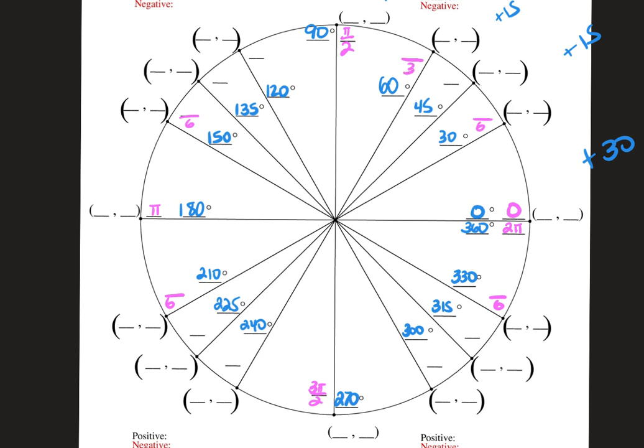So over 3, over 3, over 3, over 3. And the middles are over 4. Over 4, over 4, over 4, over 4. So it's 6, 4, 3, 2, 3, 4, 6, 1. 6, 4, 3, 2, 3, 4, 6, back to 2 pi.